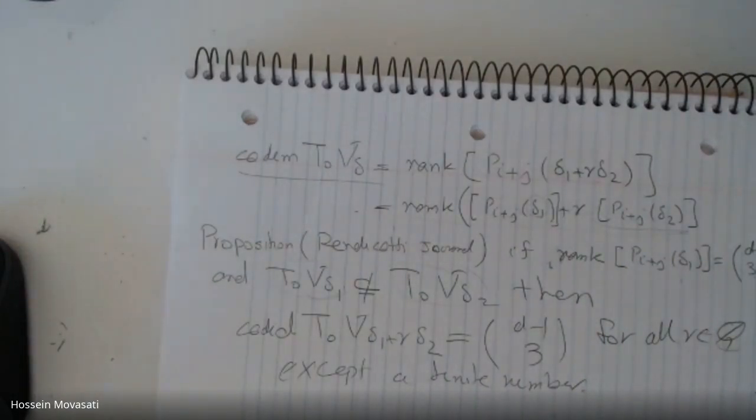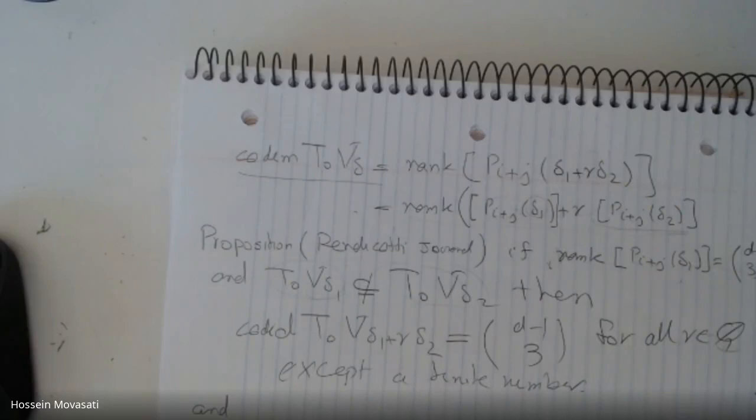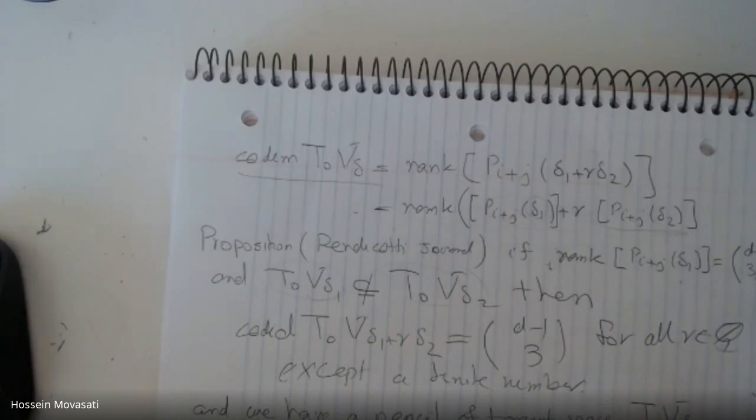What this means: then the codimension, and we have a pencil of tangent spaces, the pencil of tangent spaces T0 V delta 1 plus R delta 2.